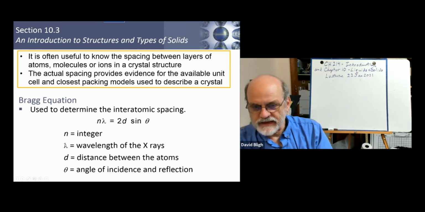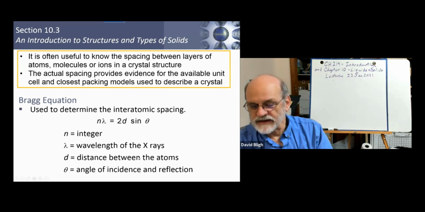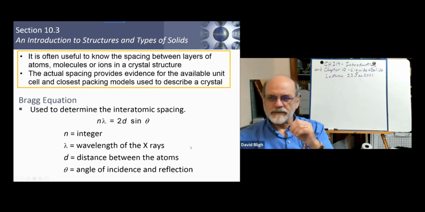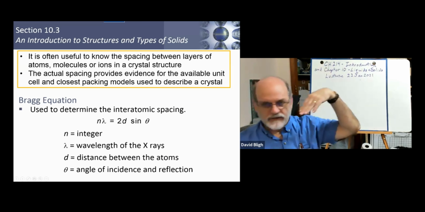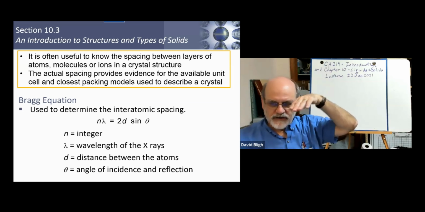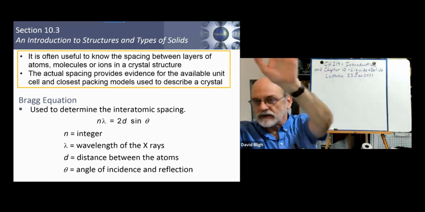So there's the wavelength of the X-ray. And there's the distance between the atoms. And there's the angle of incidence. So in other words, if you shine the X-ray straight down, you won't get any response. You have to shine it at an angle so that waves come in at different positions and interact before they come out.